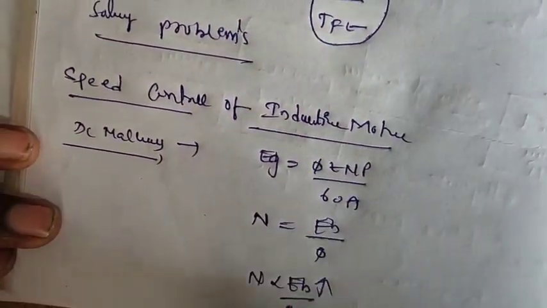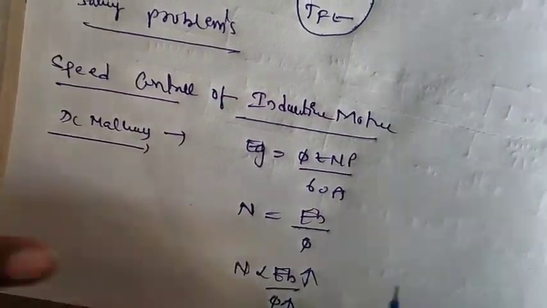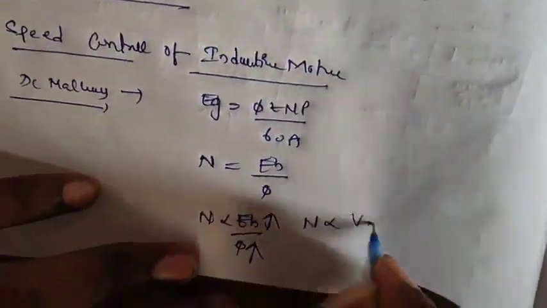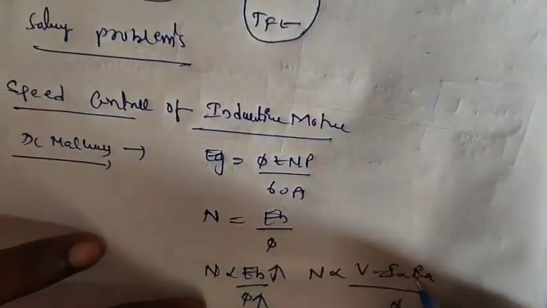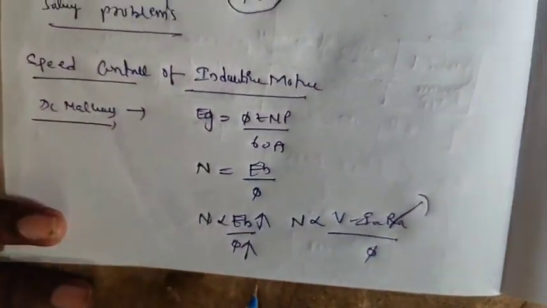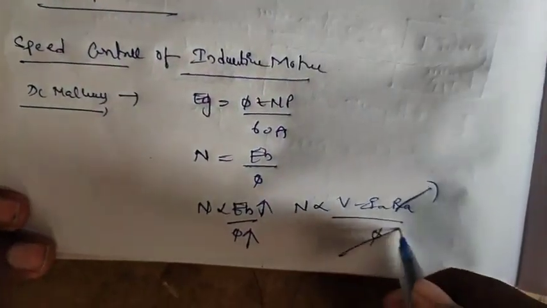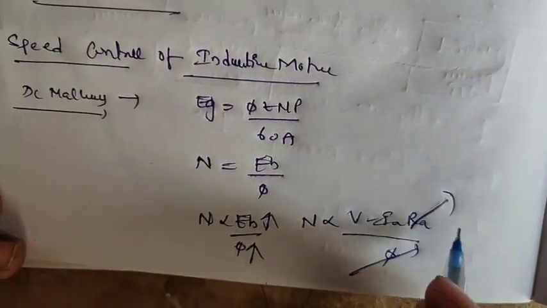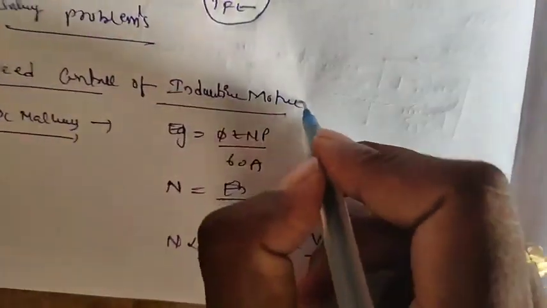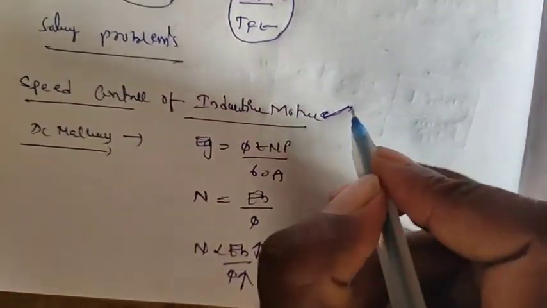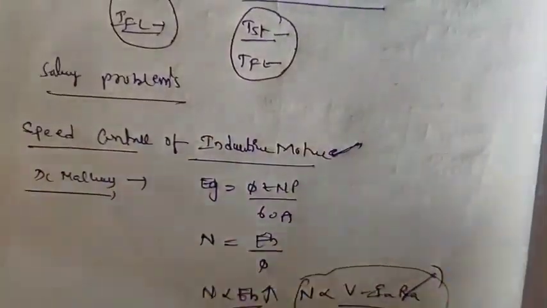So we have to change back EMF or change flux. The speed is also V minus I Ra divided by phi, so we change armature resistance, which is the armature control method, or we change flux, which is the flux control method. These methods can be used for speed control of DC machines, and now the induction motor.